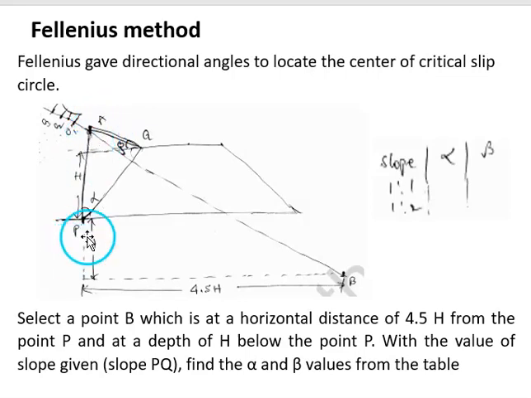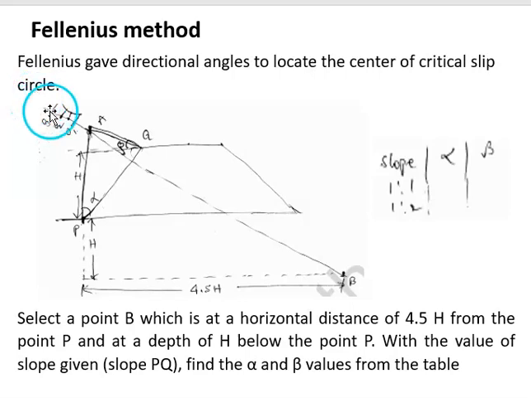Then we have to locate point B, which is at a depth of h below point P and at a horizontal distance of 4.5 times h, so that we can locate point B. This h is nothing but the height of the slope. Then we have to join the points A and B with a straight line and extend it backwards.